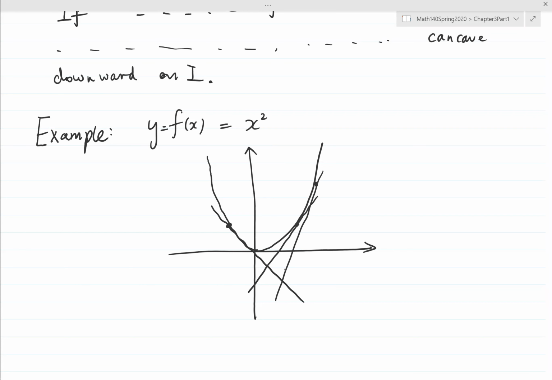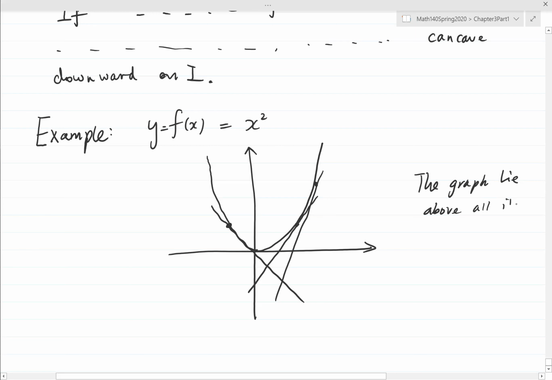The graph lies above all its tangent lines. According to the definition, this implies it concaves up, concaves upward.